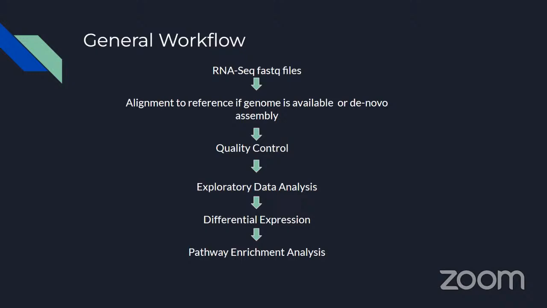As you proceed down from that level, we have to do a bunch of quality control. These quality controls occur at different levels, for example at the FASTQ level, and then you look at the alignment file and do another set of quality controls. Then there's another step called exploratory data analysis, which again is a quality control per se.